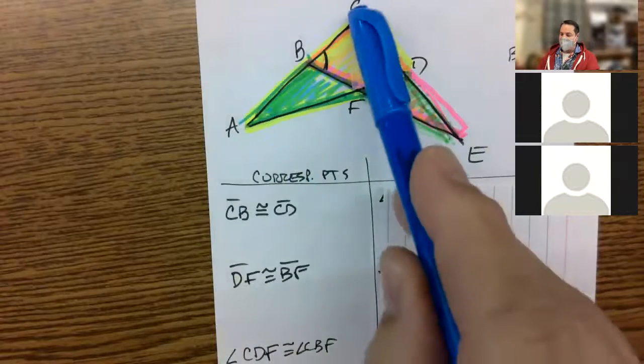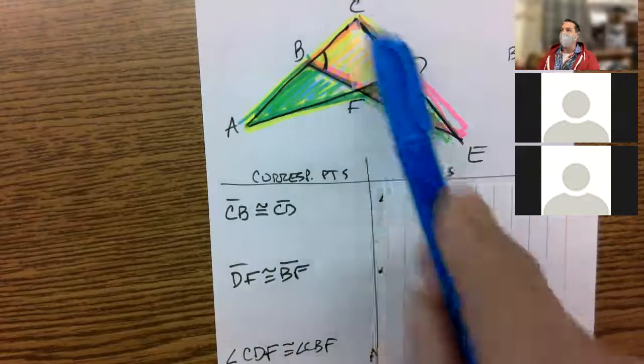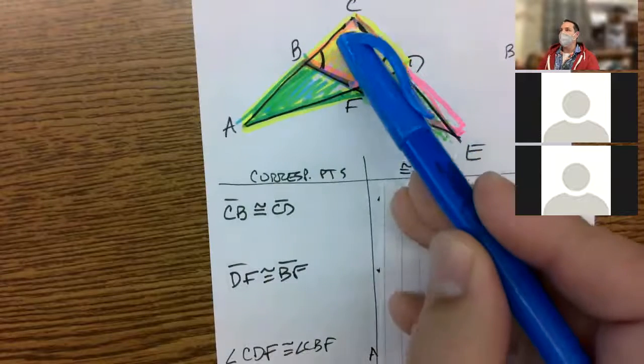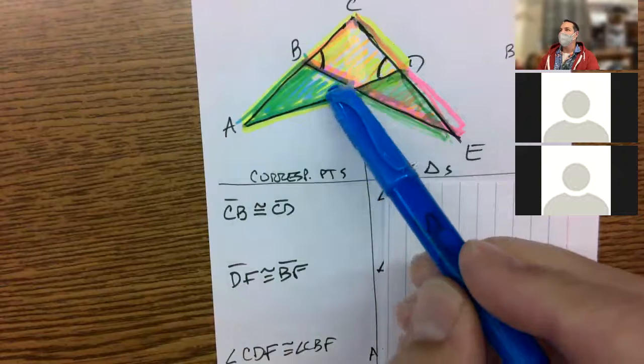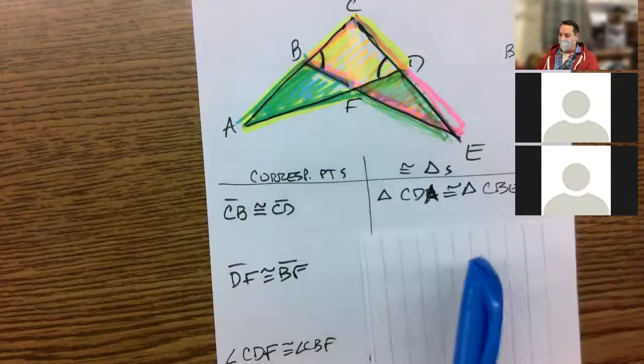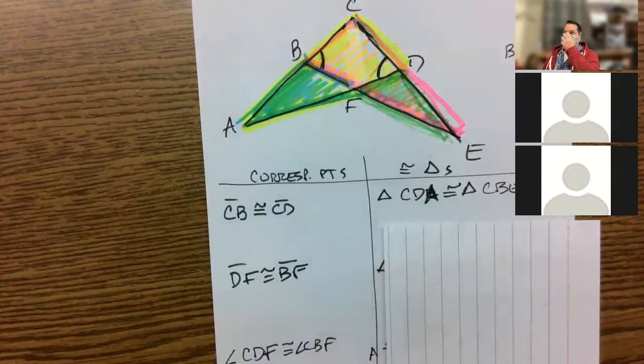Okay, good. CAD, the yellow one, and CEB, the pink one. Because if we can prove those are congruent, the yellow one has CD as a side, and the pink one has CB as a side. So that would work.